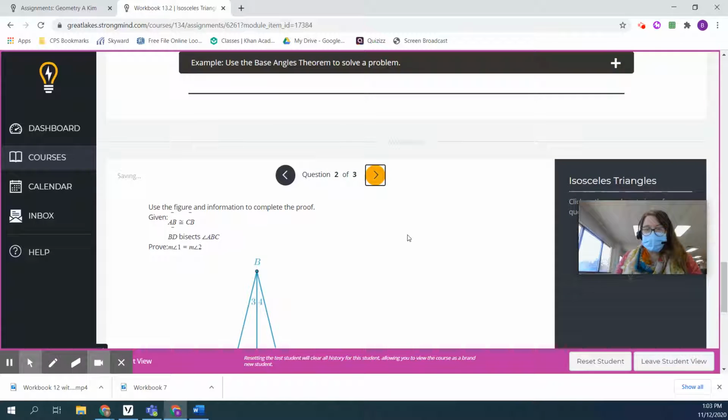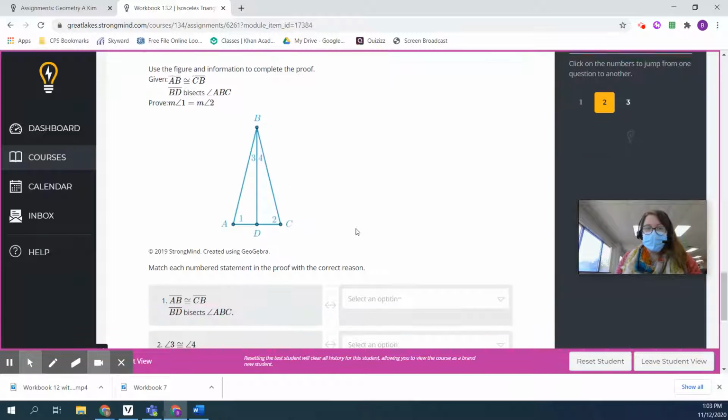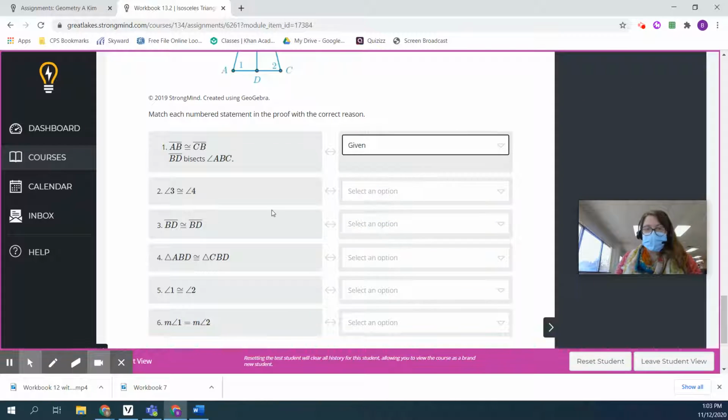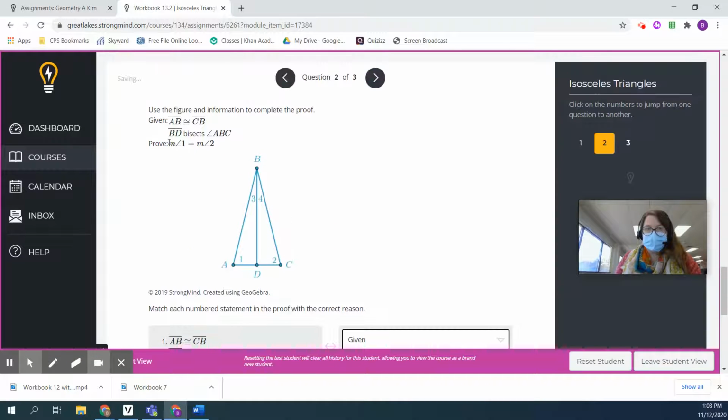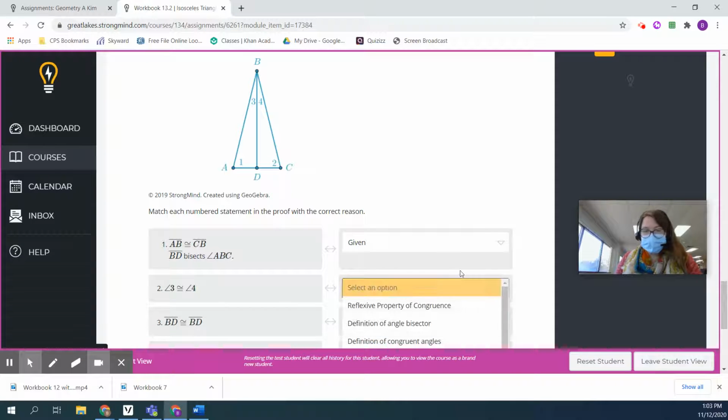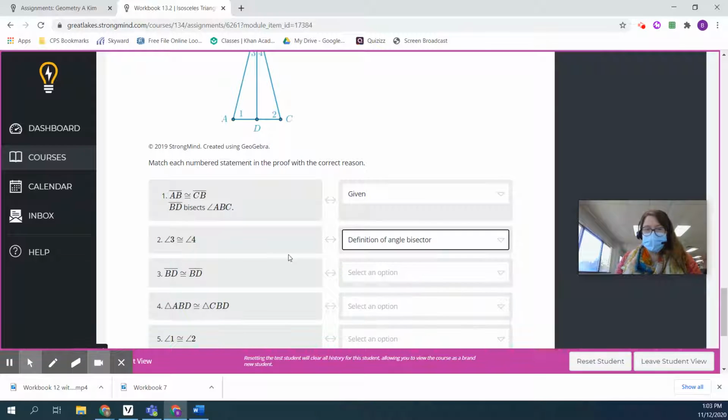Okay, next question. Proof. Always start with given. So AB is congruent to CB, and BD bisects angle ABC. Then angle 3 congruent to angle 4 is the definition of angle bisector. Then BD is congruent to itself.